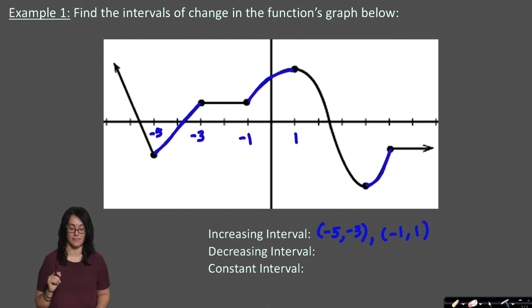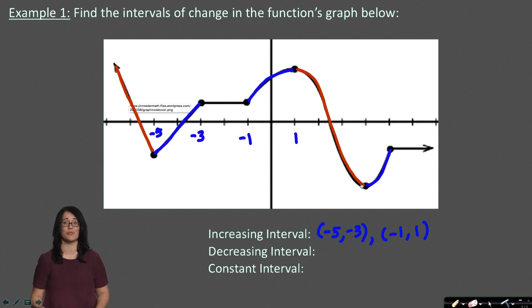Okay, let's see how you did. With your decreasing intervals, would you have said this space until we get to this x value, and then decreasing again from this space until we get to this value? If you did, good job. Those are your two decreasing intervals. But how did you write them? Good. So you noticed you had to stop decreasing at the x value -5.